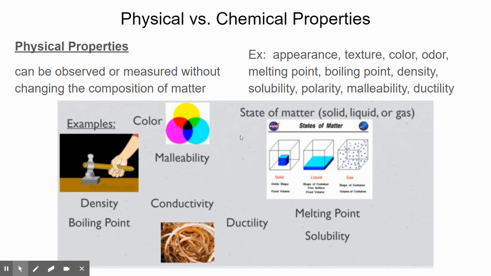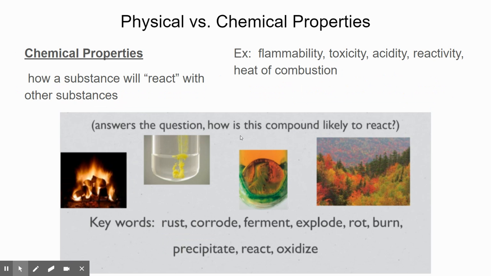Okay. Now, chemical properties. Chemical properties are how substances will react with other substances. Examples are flammability, toxicity, acidity, reactivity, heat of combustion. So how much energy it will release when it burns. Will it burn?